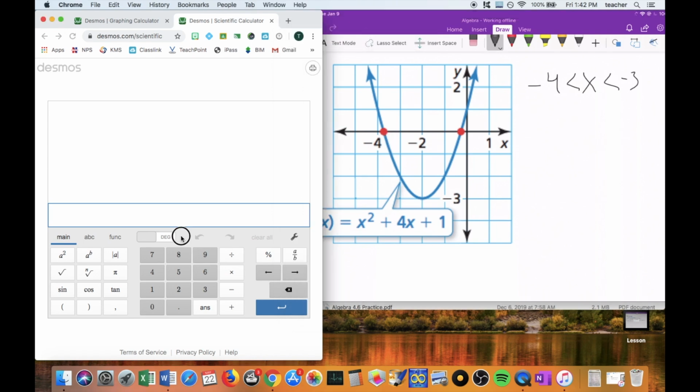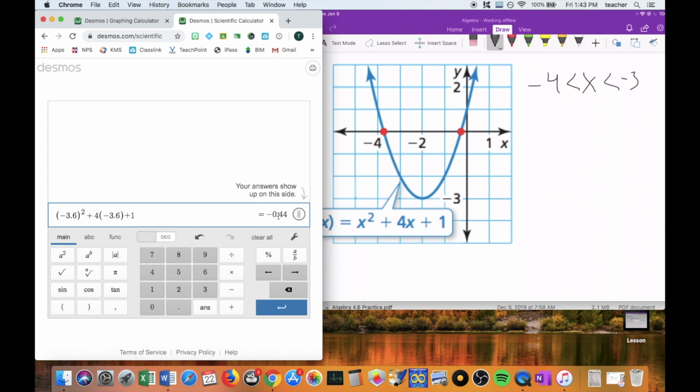I'm going to plug this into the function. So I'll do -3.6 squared, and then plus 4 times -3.6, and then plus 1. And this gives me the value -0.44, which is very close to 0. So -3.6 is close, but it's still negative.